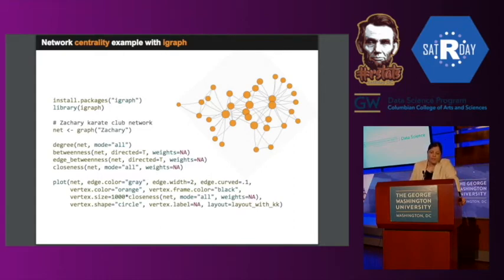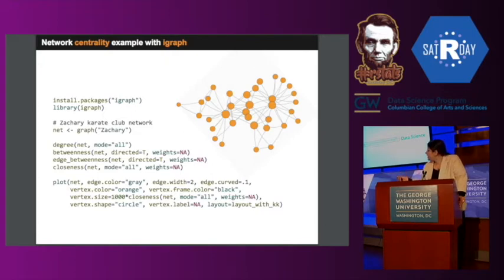And then the last thing that we're doing on this slide is a very simple plot of the network. And in iGraph, this is fairly straightforward. You just type plot, right? And you add the name of the network and a bunch of parameters that are self-explanatory and named in pretty understandable ways.